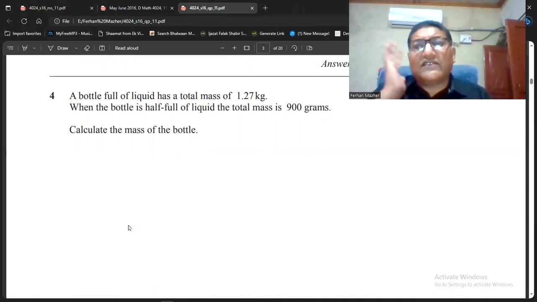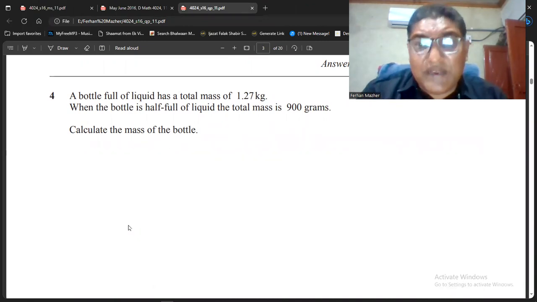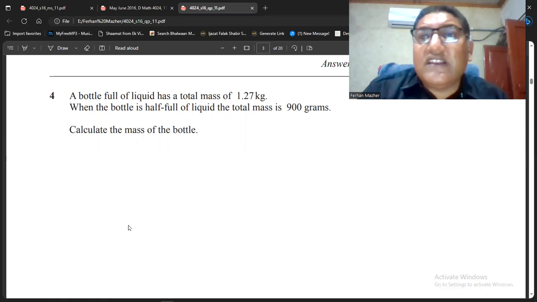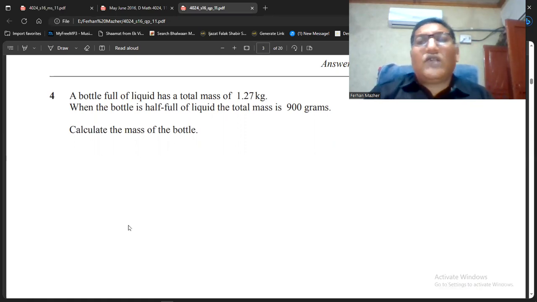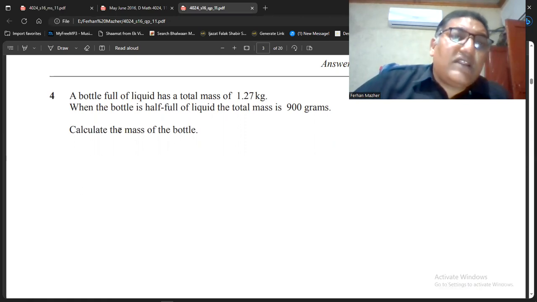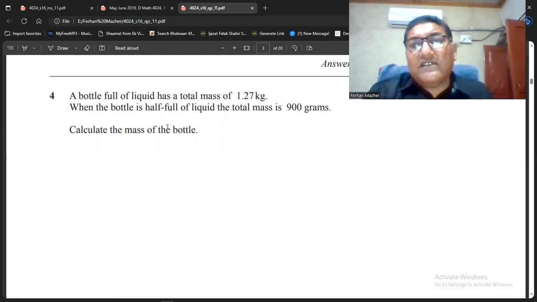So suppose the mass of the bottle is B, and the mass of the liquid is L, and the total mass is 1.27 kg. You multiply it by 1,000, you will get 1,270 grams. And when the bottle is half full, the mass of the bottle is still the same.